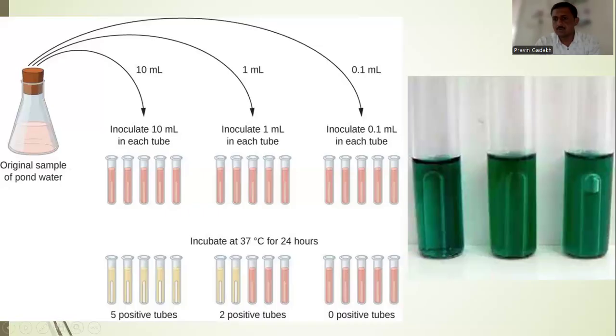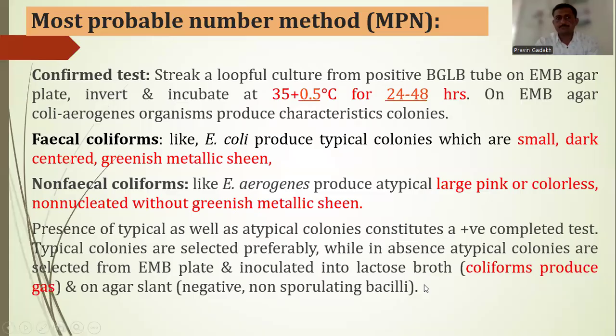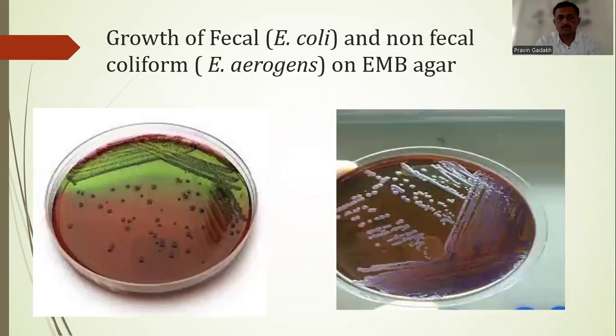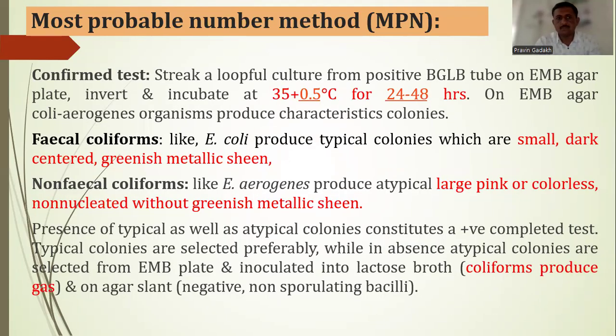Gas formation we can observe like this. So this is the presumptive test and the BGLB broth, which looks like this. After the presumptive test, we proceed for the confirmatory test, and after that we proceed for the completed test.